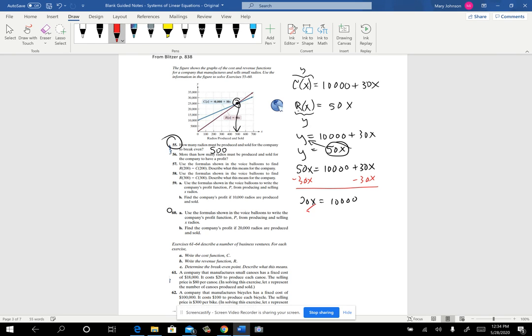Dividing by 20 tells us what we could tell from the graph, that we get 500 radios. So to just break even, you would need to produce and sell 500 radios. If you want to make a profit, you need to make more than 500 radios.